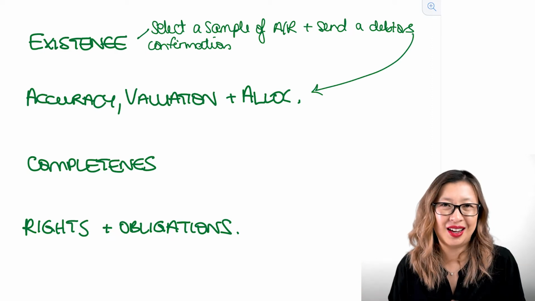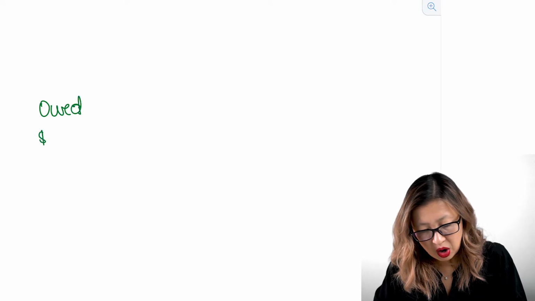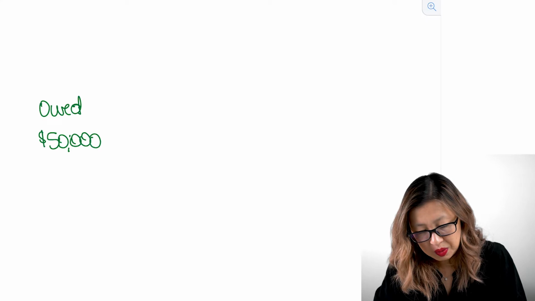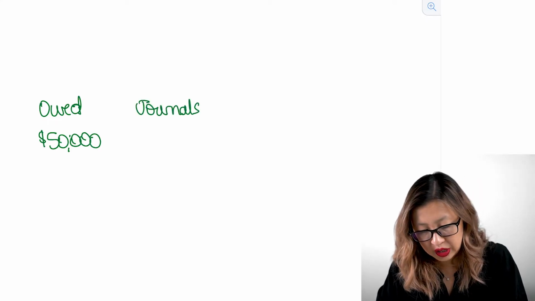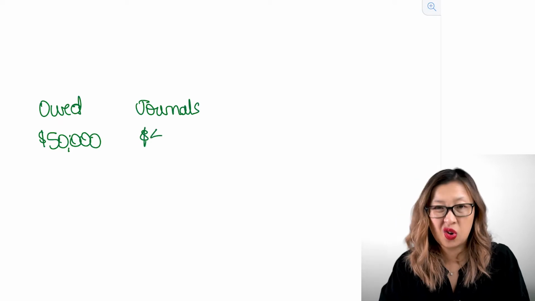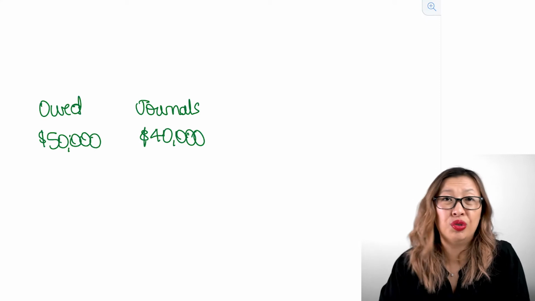And it's not a great test for a very specific reason. If you owed $50,000, I'm going to just scroll down here a bit. So let's say that the amount owed was $50,000 by the customer, okay? But according to the journal entries and the records, it says that you owe $40,000.